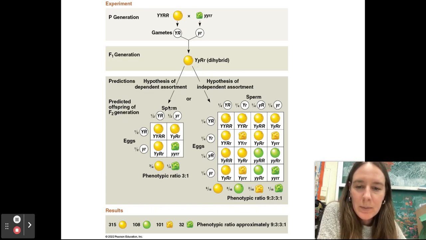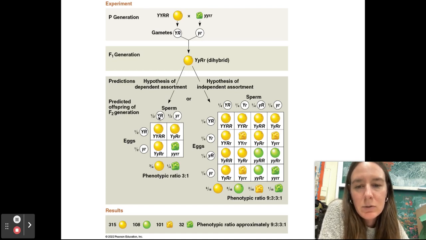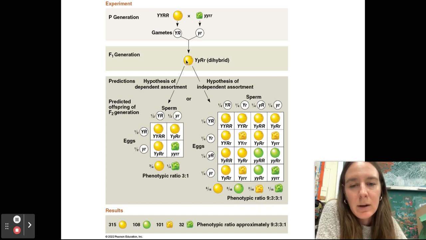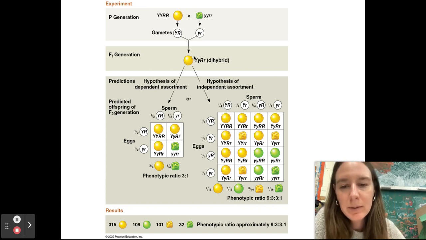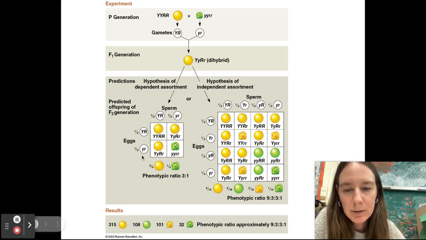If the dominant Y is going into this sperm cell, then the dominant allele also has to go into this one. And then the recessive allele goes into this sperm cell and the recessive into here. So the hypothesis here is that this is one option for sperm and this is one option. The same thing for eggs, right? If this is reproducing with itself or crossing with itself, then you basically get the same gametes here.